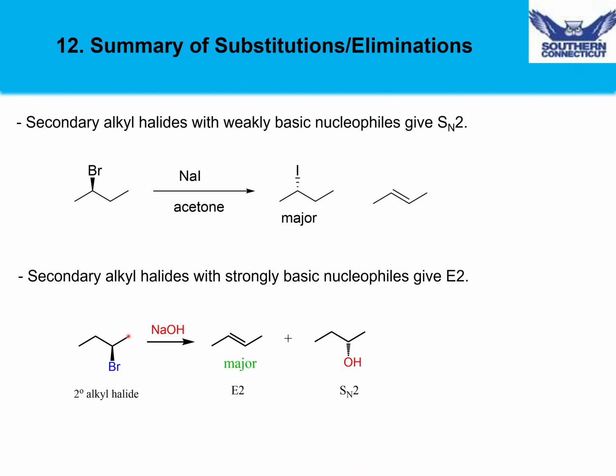So there are two options. This methyl group has three hydrogens. This CH2 group has two hydrogens. These hydrogens are more sterically hindered, so we will get primarily the Zaitsev product here, as shown in the product here. Very little of the SN2 product.